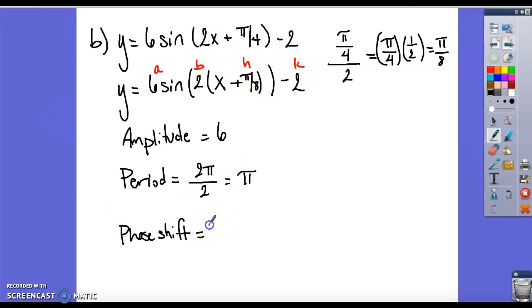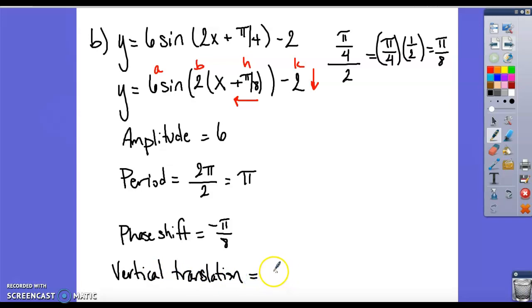This is plus pi over 8, so my phase shift is negative pi over 8. When we add, we're technically moving to the left. And then my vertical translation, I'm taking that minus 2 on the end of my function, which means that I am shifting my function down 2 units.